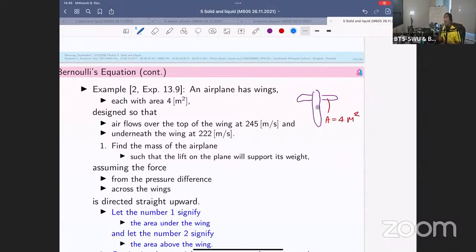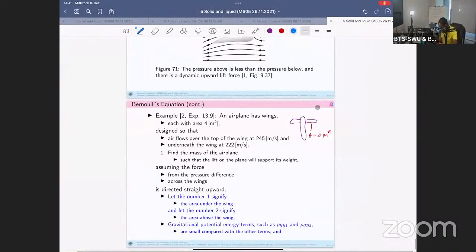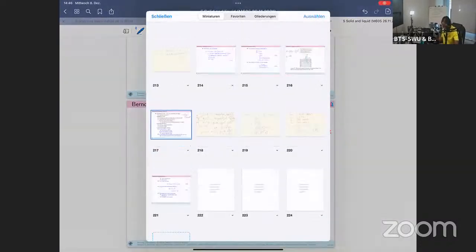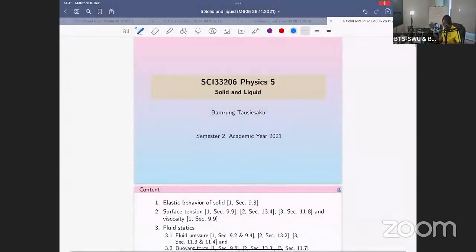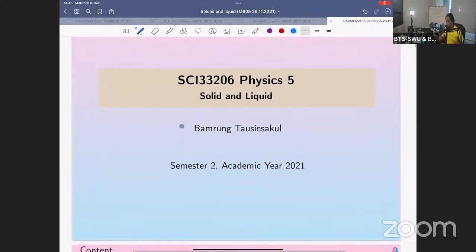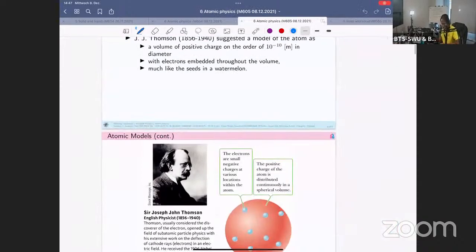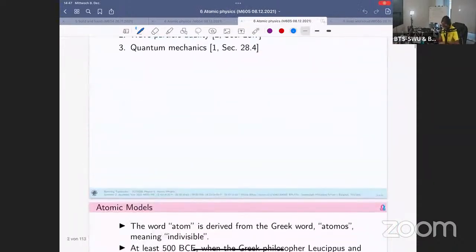So it's time to say that we have completed the first chapter. Everything is finished about the story of solid and liquid. If you have any questions, just let me know. If not, then we're gonna go further to the next chapter.